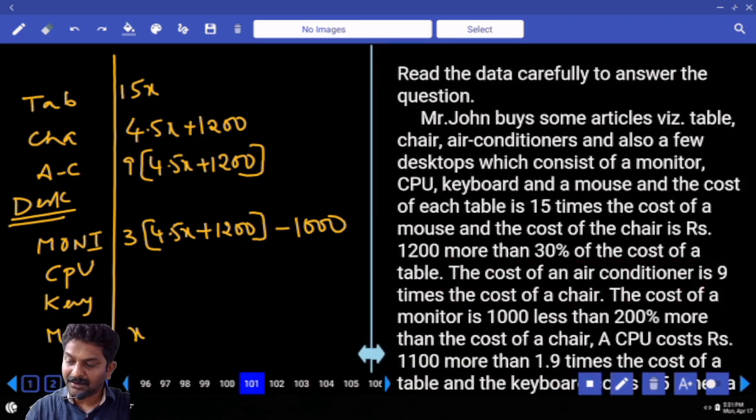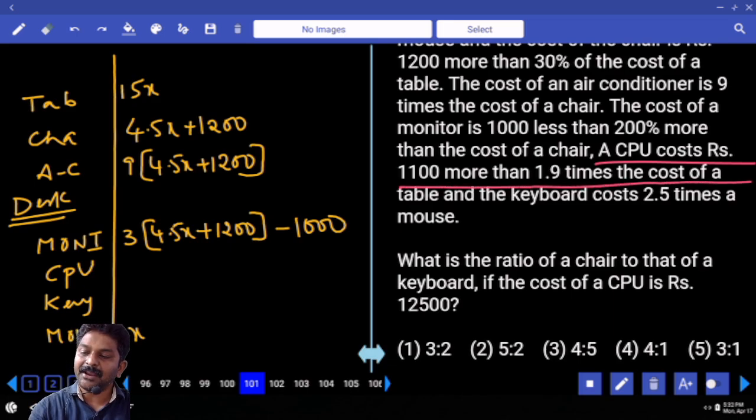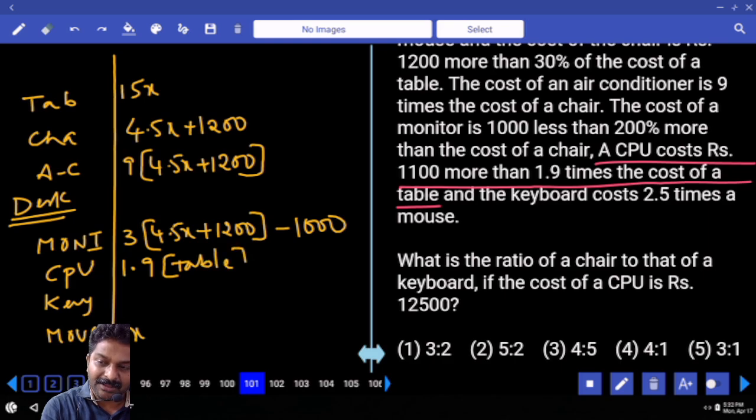Continue. The CPU cost is 1100 more than 1.9 times the cost of the table. Let me write it as 1.9 times the table cost plus 1100. I don't want to write everything.